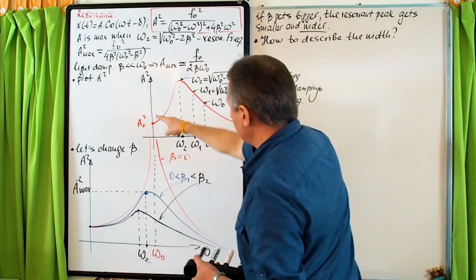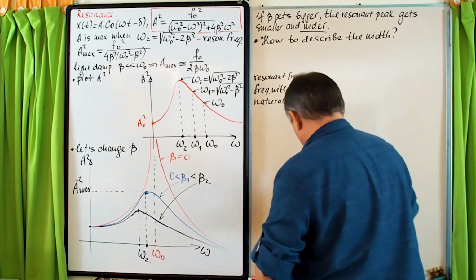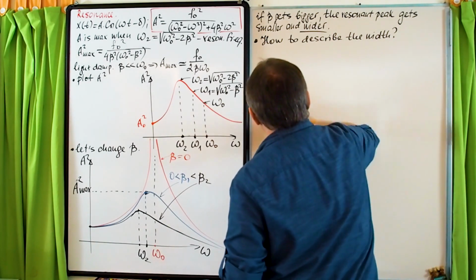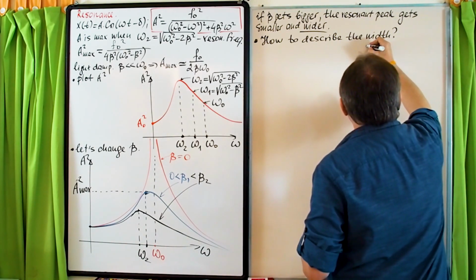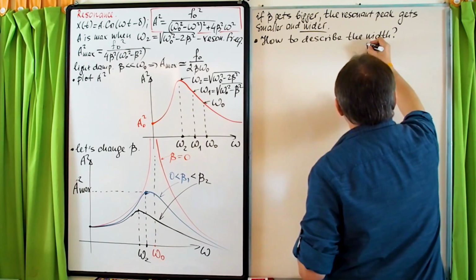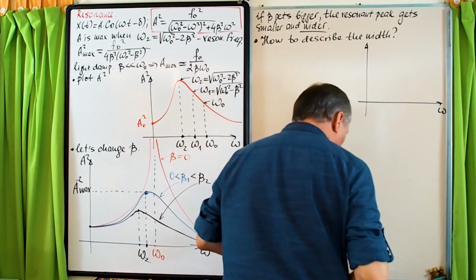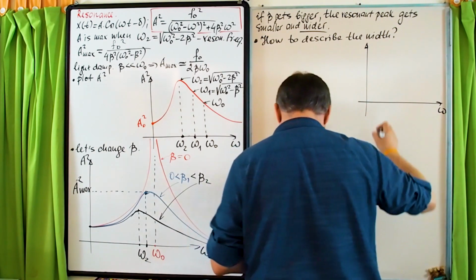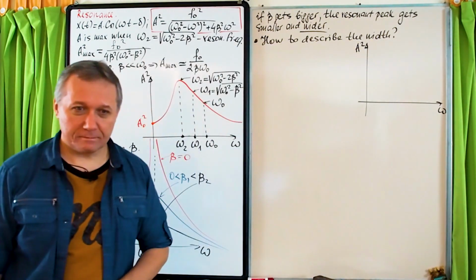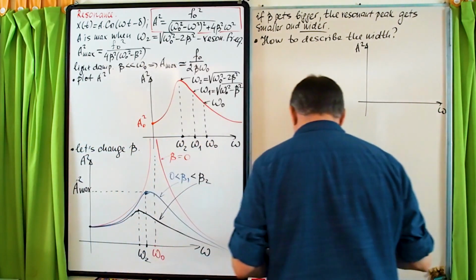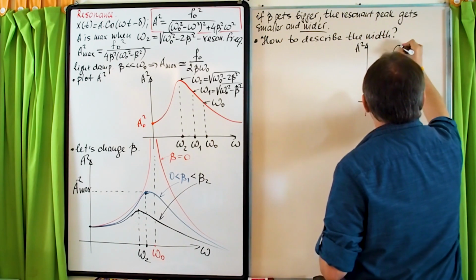I will just replot this, and I need to erase the information about these frequencies. So this omega, and it's still A squared. Let me just replot this. It will be something like this.